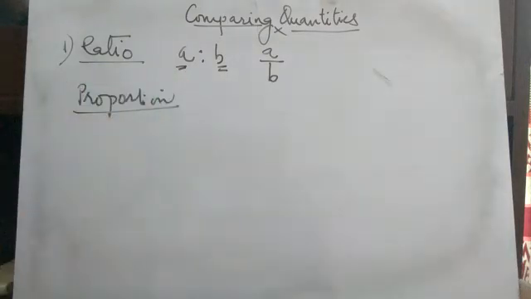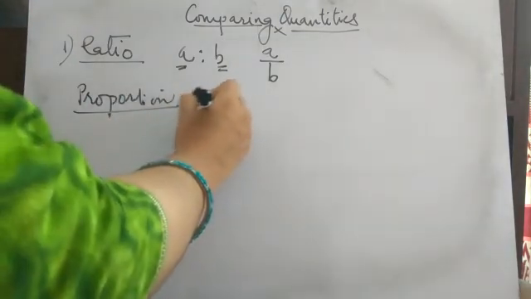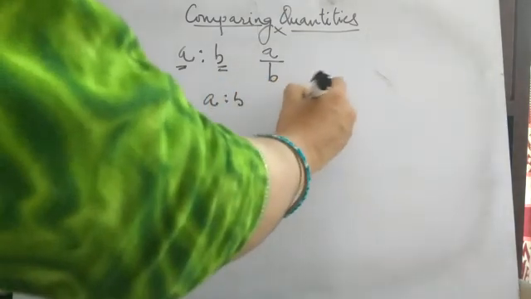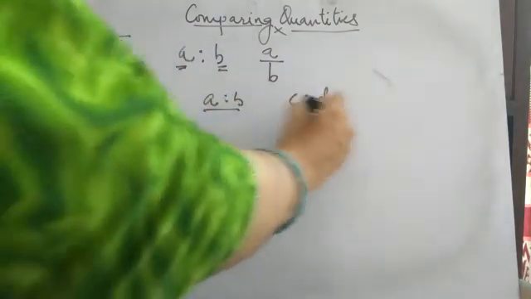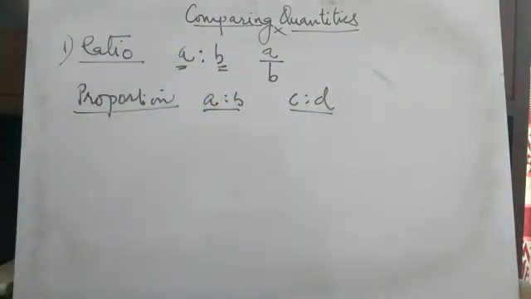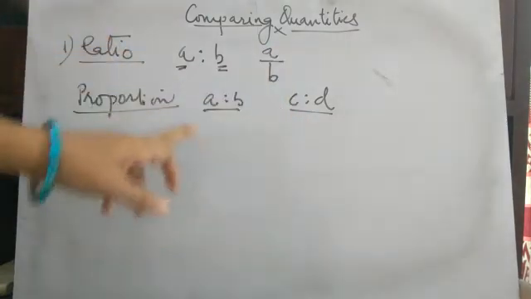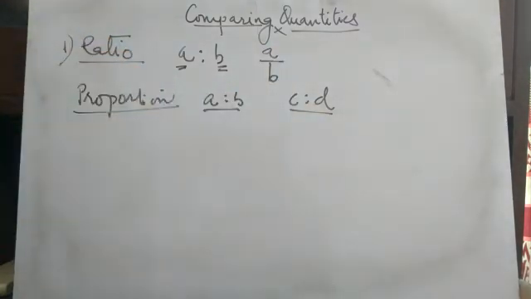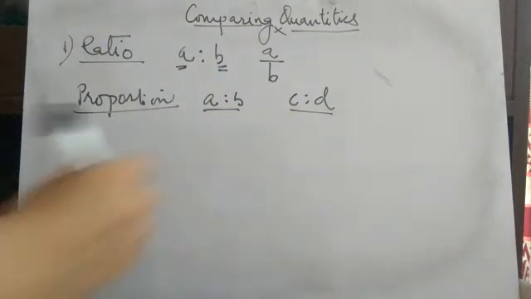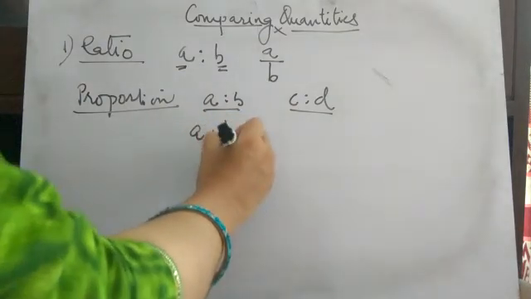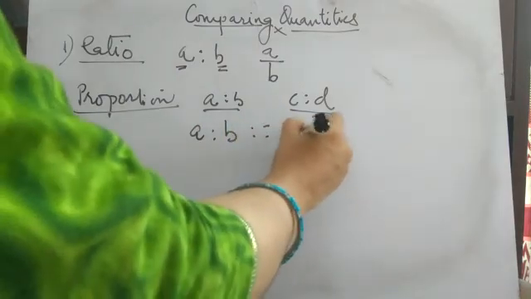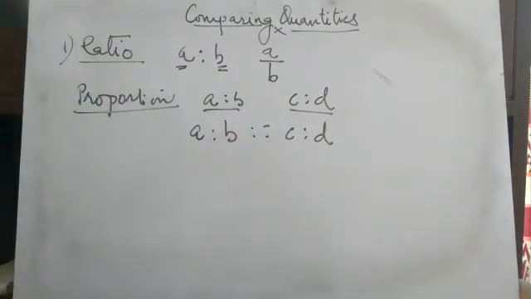Okay. See the second thing, what is proportion? Proportion is, in fact, if you take two ratios, suppose you take A is to B and you take C is to D. Two different ratios are there, and if you convert both of them into simplest form and the simplest form of both the ratios is same, we say that the ratios are in proportion.